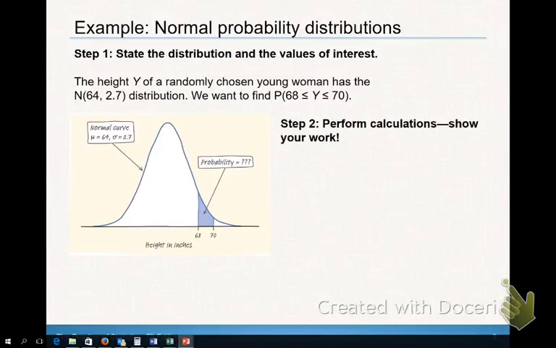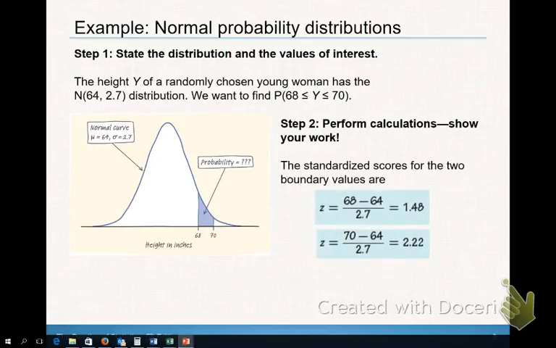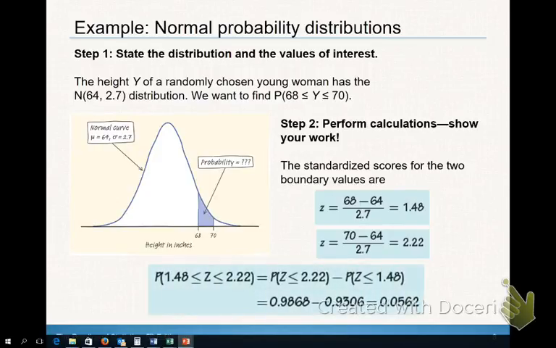If you remember from our previous chapters, we would change these y values into z-scores. So the standardized scores for the two boundary values are z equals, remember it's x minus the mean divided by the standard deviation. So we would write this as the probability that z is between 1.48 and 2.22.